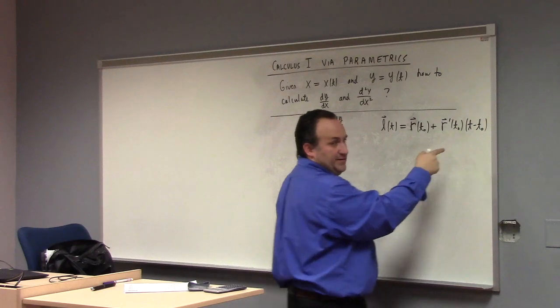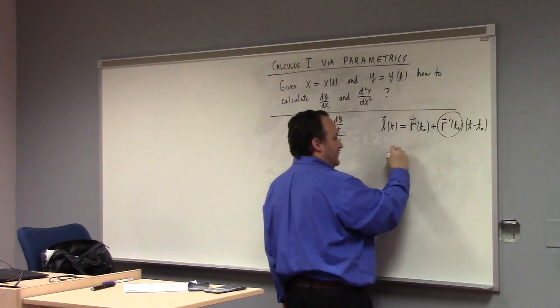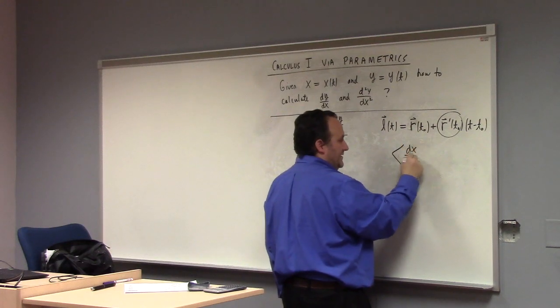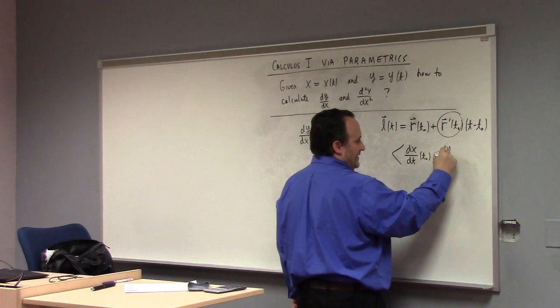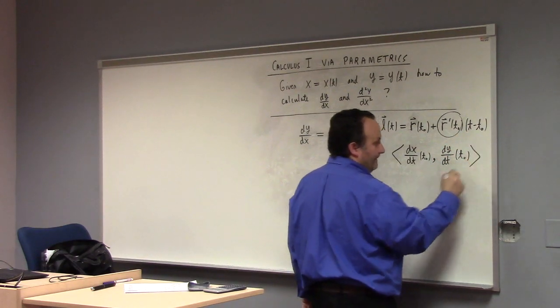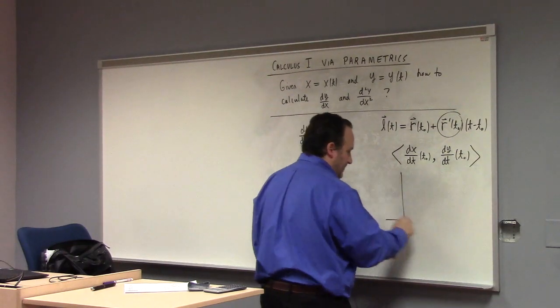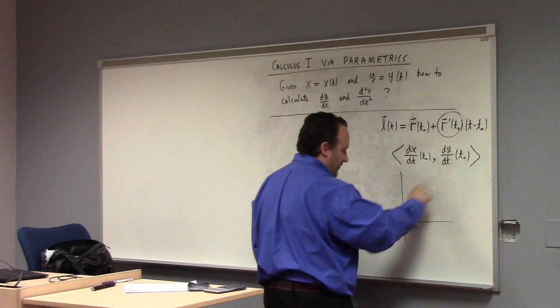So this was the tangent line. And this right here, if we expand in detail, is dx dt at t naught, dy dt at t naught. Let me picture that. We're talking about the tangent line. Let me draw it as if it's going through this point here.